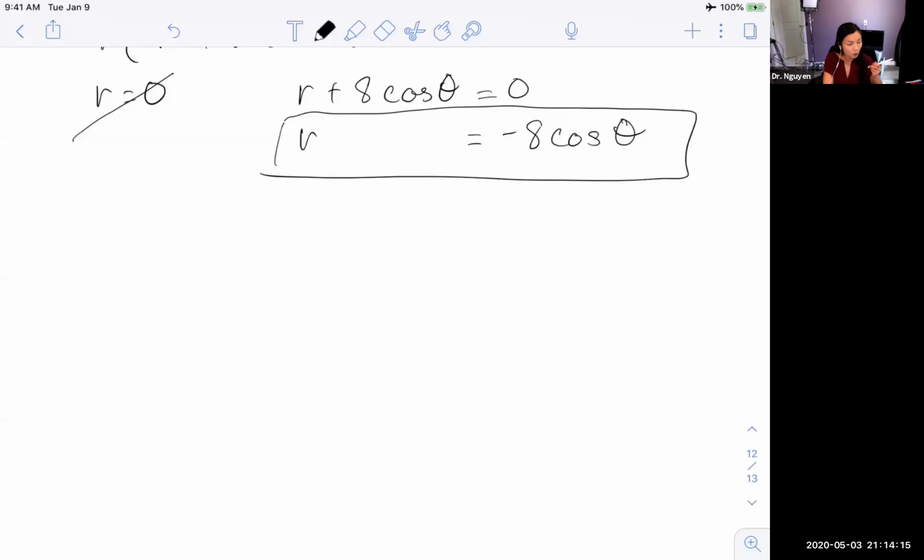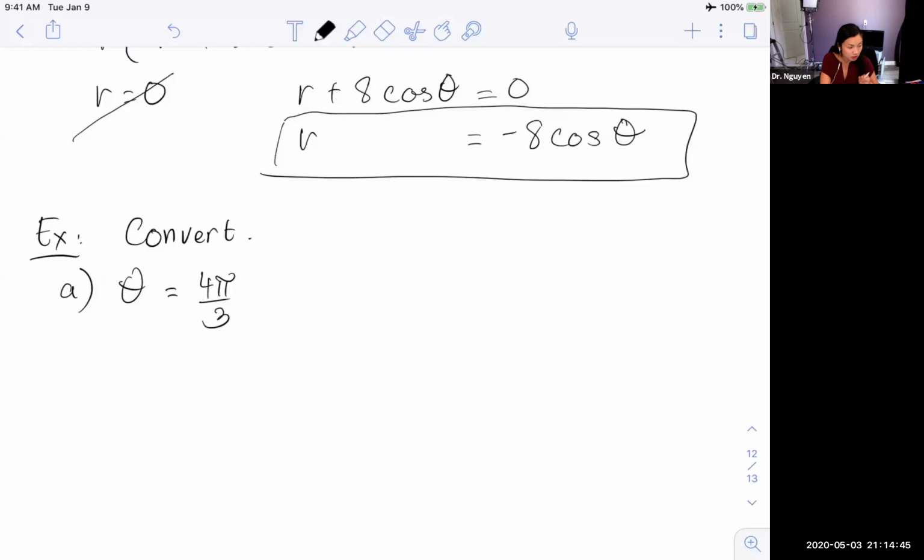If I want to convert a polar equation to rectangular form, for example, I want to convert theta equals 4 pi over 3 into rectangular form.